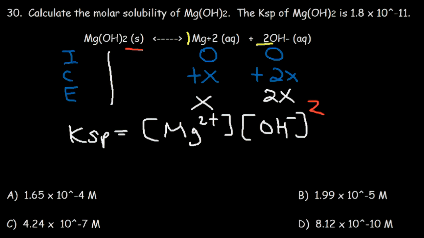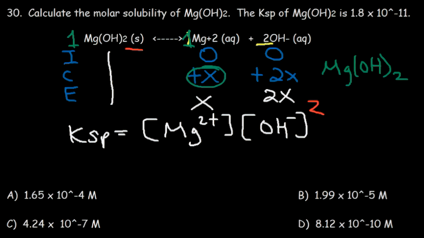So the molar solubility of magnesium hydroxide is basically the value of x. It really represents the amount of magnesium hydroxide that is soluble. And so basically we want to find the concentration of Mg(OH)2 that's in the aqueous phase. Notice that Mg(OH)2 and Mg2+ is in a 1-to-1 ratio.